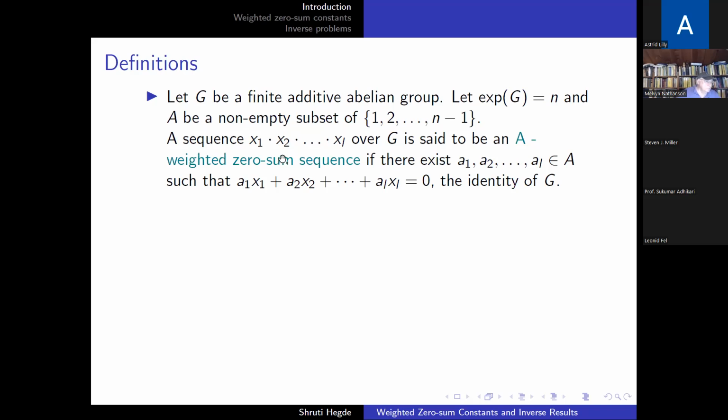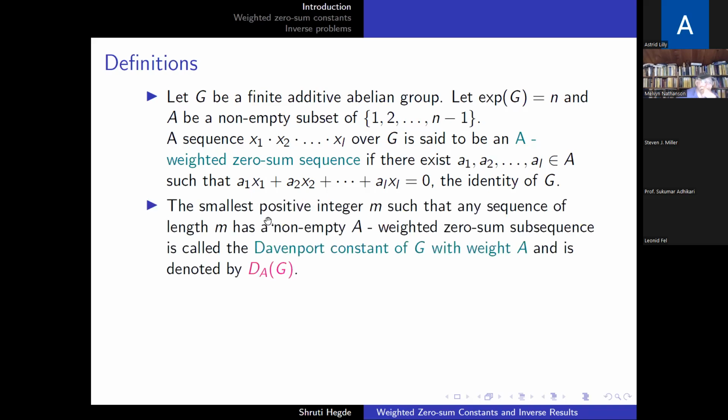So a sequence x1, x2, ..., xl over G will be called an A-weighted zero-sum sequence if there exist elements a1, a2, ..., al from the set A such that a1x1 plus a2x2 plus ... plus alxl is 0, where 0 is the identity of the group. Here we call this A a weight set. It will always be non-empty, of course, and even though we do not mention it, it will always be taken to be a subset of the set 1 up to the exponent of G minus 1.